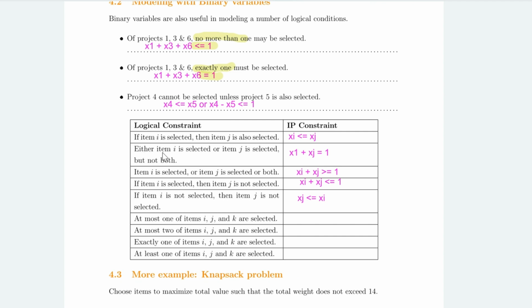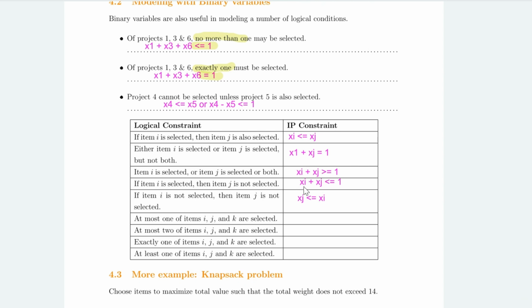Either item i is selected or item j is selected, but not both, so exactly one of them is 1. Or, item i is selected or item j is selected or both, so either one of them may be 1 or both may be 1.